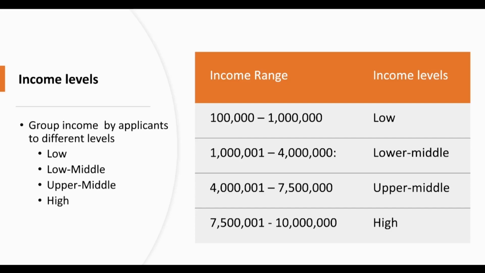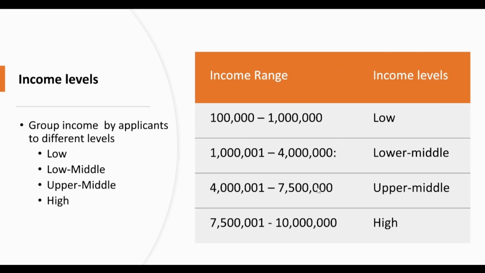And those levels are low income, lower middle income, upper middle income, and high income. When we look at the income range, we are saying that between 100,000 and a million, that's the income per annum, we are going to group the applicants in the low income level.